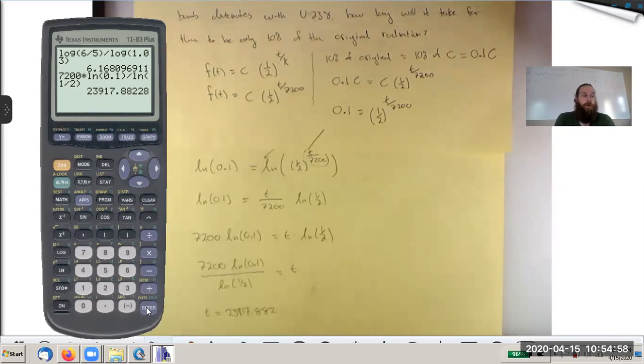I may give you a problem like this where I ask you how old is the fossil, and then solve with the logarithms, or how long until there's 10% of the original amount and solve with logarithms. But I wouldn't have you estimate one of them graphically. I don't think that is a good use of your time. The purpose of having you do those problems back then was to show you that there are these equations that we can't solve any other way yet, so that later when we introduce logarithms, you'll recognize why they're important, why they're valuable.